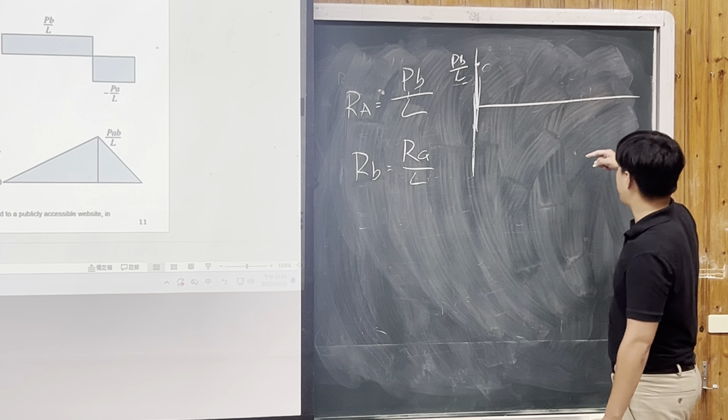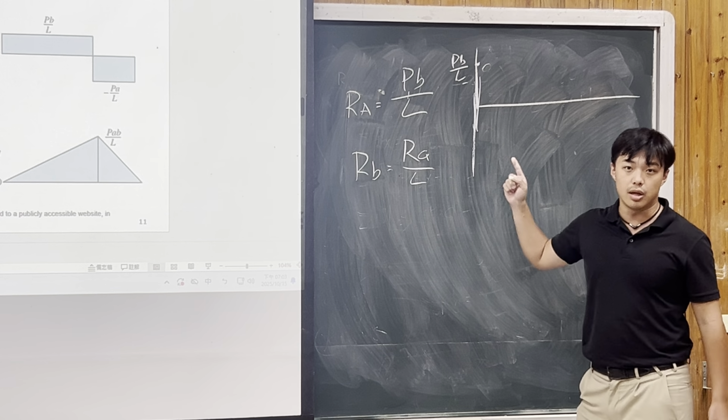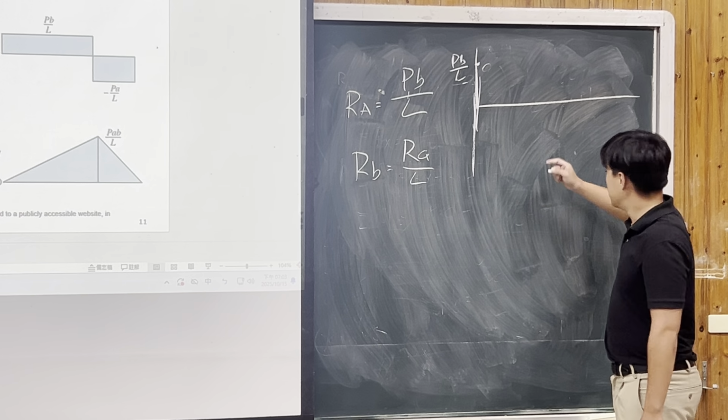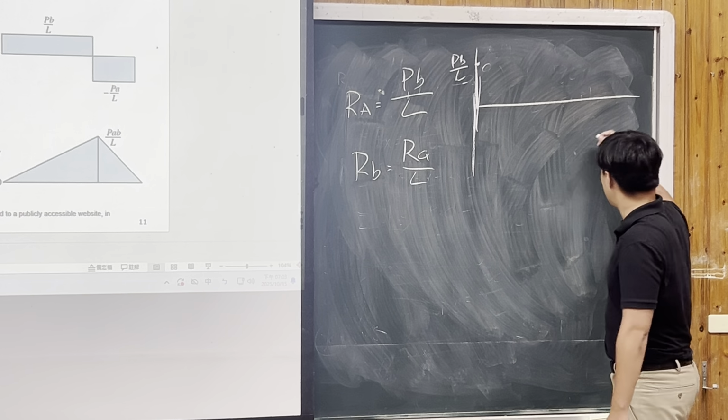In the last part, we will have to add the reaction force back to 0. So this part is reaction force B, and it equals PA over L.